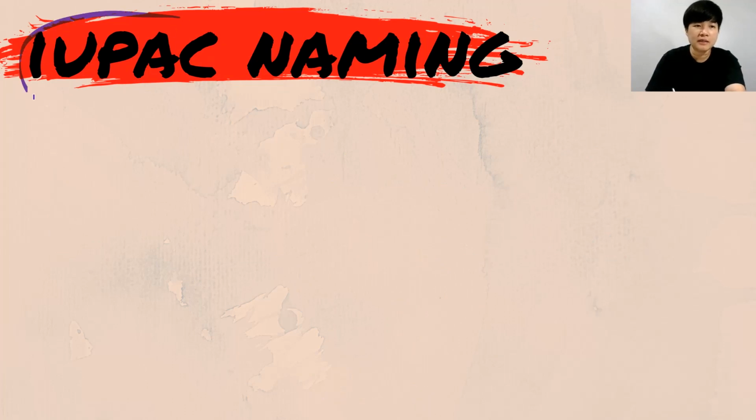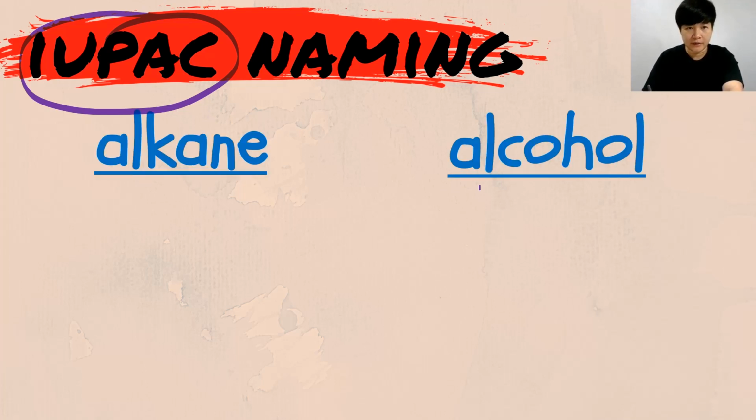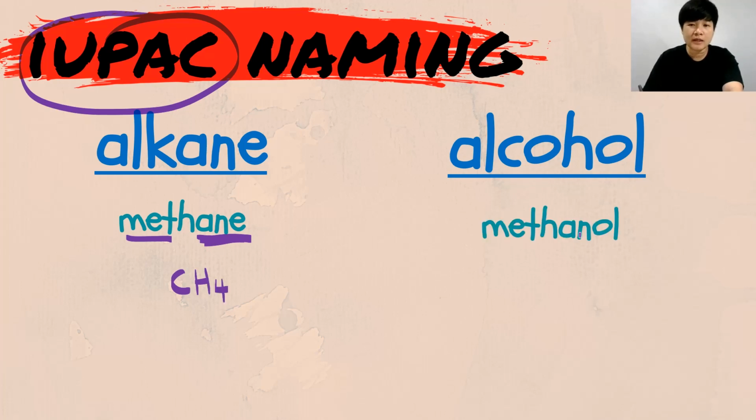Let's look at what makes the IUPAC naming in your alcohol different from your alkane. So, you have your alkane, you have your alcohol over here. Let's look at the changes of the parent name. Your alkane will have your methane, 1 carbon, ending in E. That is your 1 carbon methane, CH4. And what about 1 carbon alcohol? Your 1 carbon alcohol will be named as methanol.